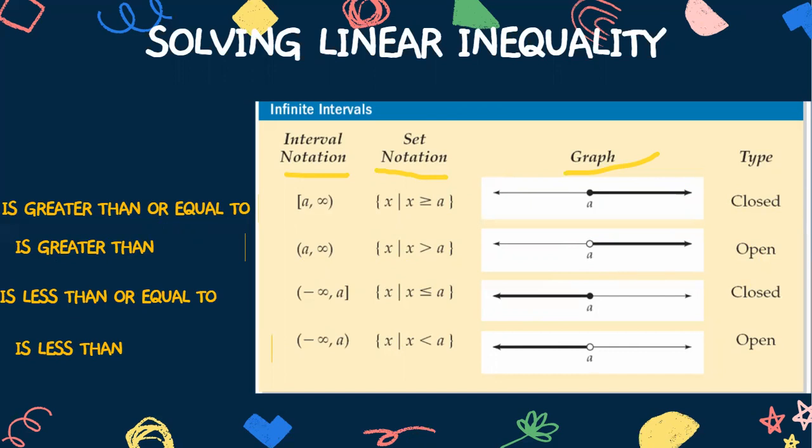And when you see the bracket, that means it is included. This one is a bracket. When you see that bracket, it means it is included, or part of the value. When it is a bracket, it is included.